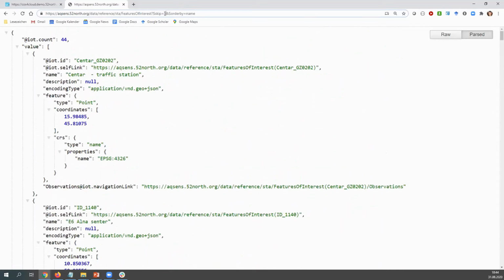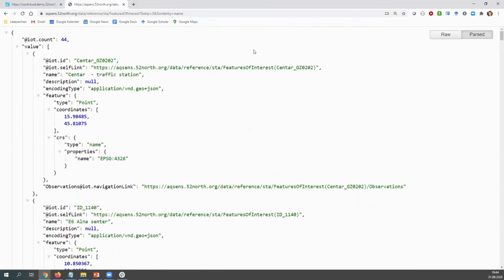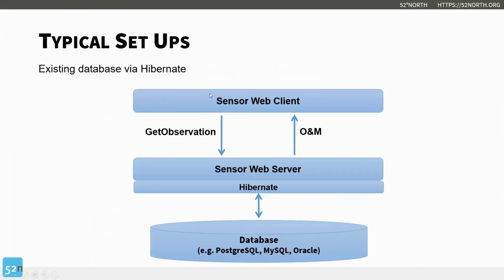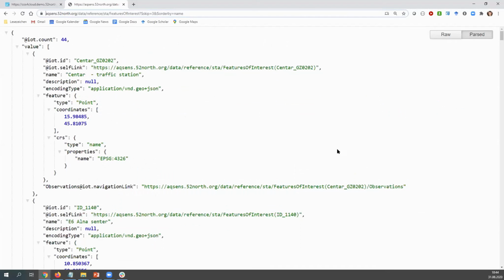I'm skipping the first 3 ones, and then I'm ordering, and you see here names with C, E, H, and so on. So this is then the correct order, and we can even add descending as an additional parameter.